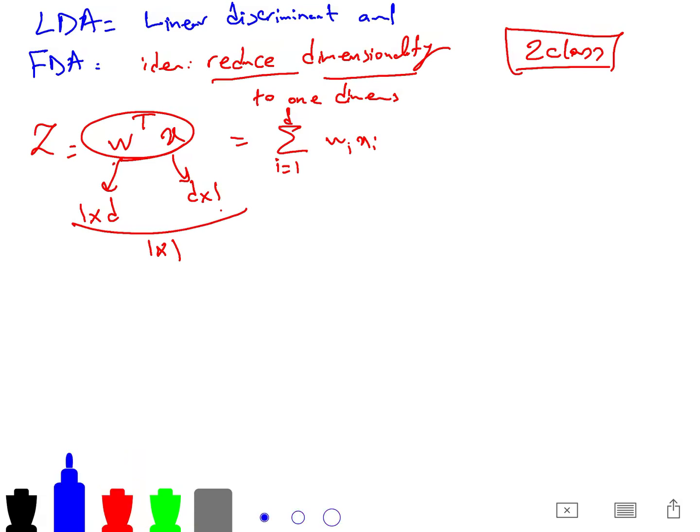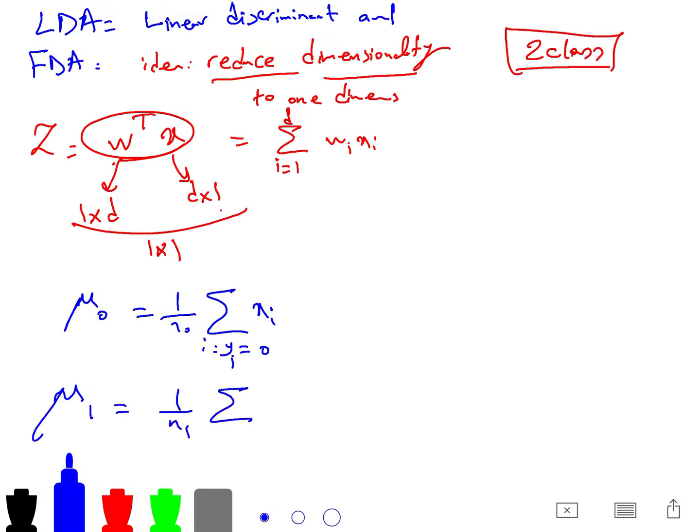Okay, so for example, you have class 0, which has the mean of these points, where y_i is 0, labeled 0. Also, you have another class 1, whose mean you can find like this, where y_i is 1, labeled 1.